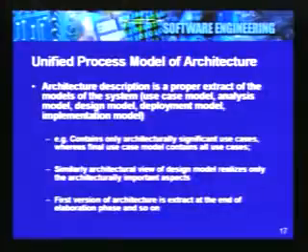So the unified process model approach of architecture is very close to this 4+1 view model, but here the focus is on iterative refinement of architecture. And architecture description is an extract of the models of the system.